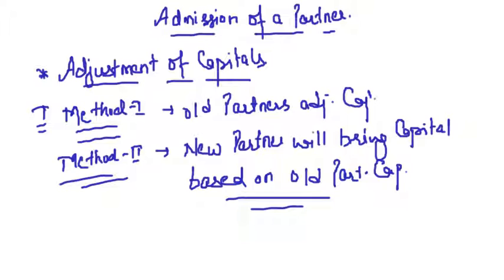Method 1 says that the old partners will adjust their capitals according to the new partner. Method 2 says the new partner will bring his capital according to the old partner's capitals. Clear, friends?